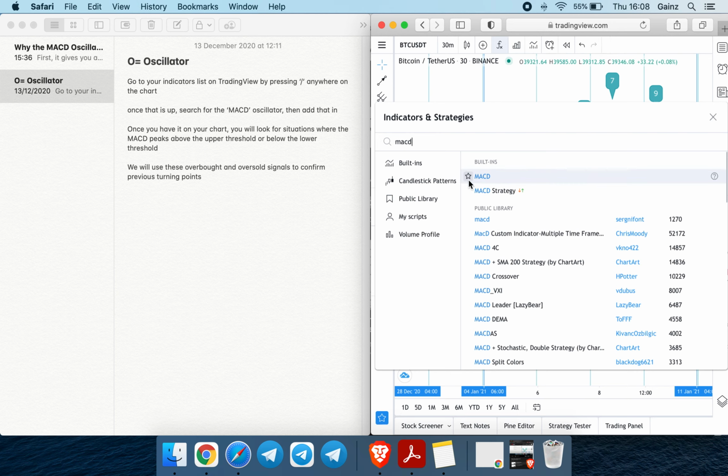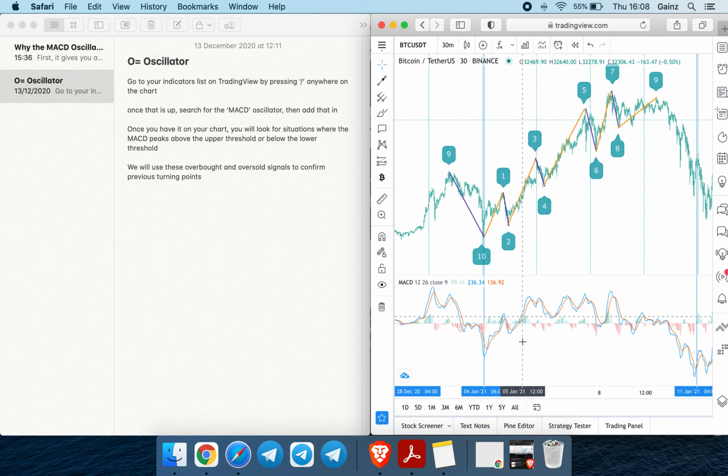Now, I've put a star next to it over here. By adding a star to this indicator, it puts the MACD into the favorite section. So we're going to click on that, and then you'll see on the chart that the MACD is now up there.